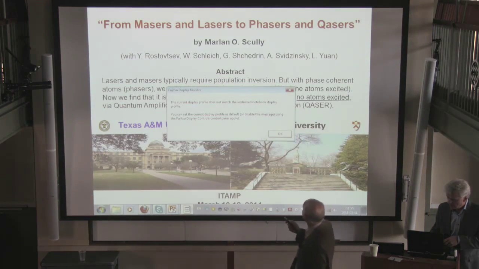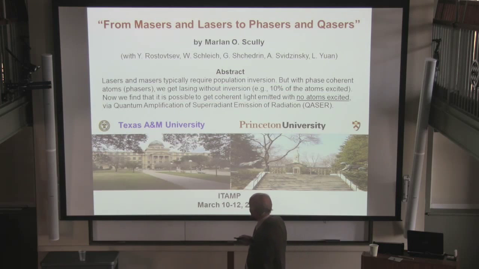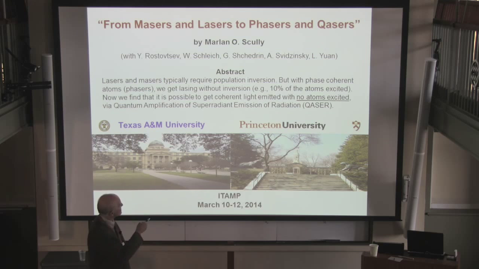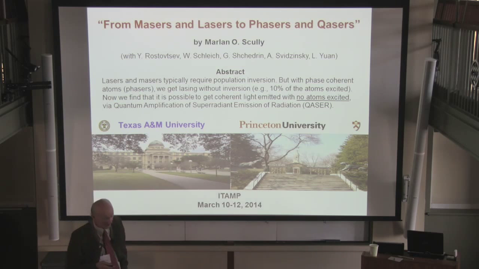While I'm waiting for this to come up again, there's a really great young student, Luji Wang, who is the guy who's done many of the calculations here, maybe even most of the calculations, a bright young kid who's just coming out. The abstract says that lasers and masers need population inversion, phase coherent, lasing without inversion, but you still have to have atoms in the excited state, maybe 10%.